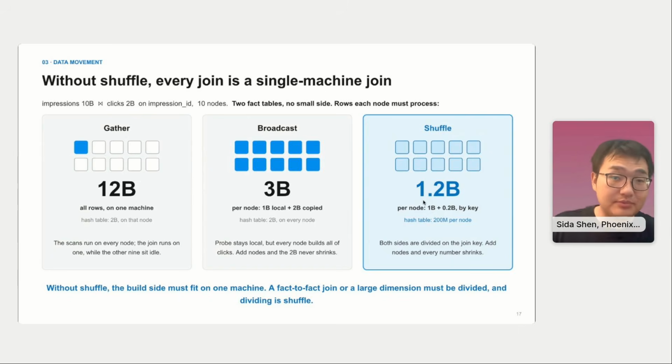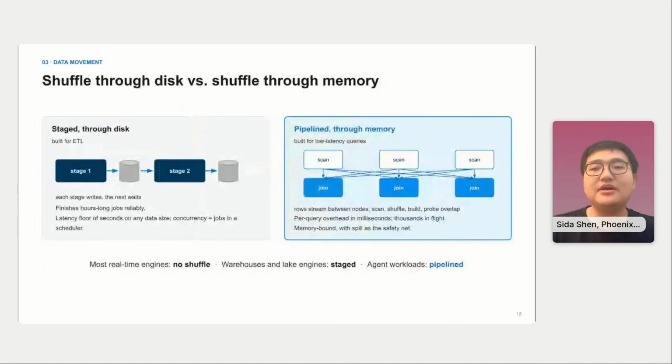And shuffle is extremely scalable too. Let's say you have 10 nodes here. What if it's 100 nodes? This memory requirement just becomes 120 million rows worth of memory. But the broadcast numbers are not going to change as much, because the real bottleneck is the smaller table. So shuffle is 100% what you need.